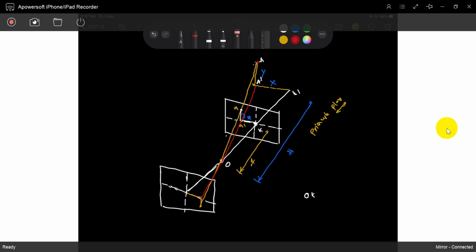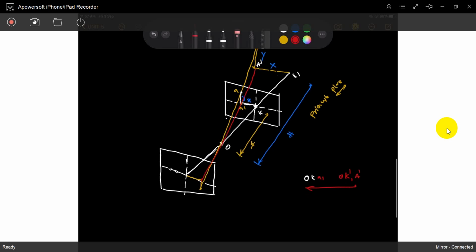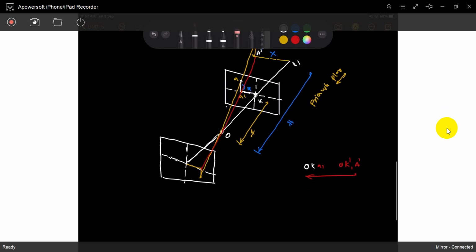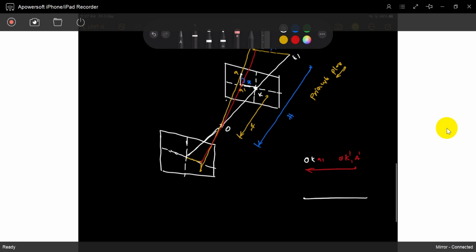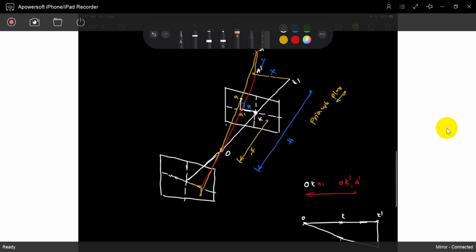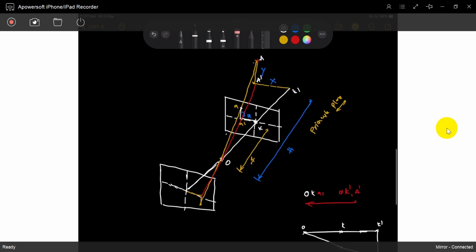Understood? So now you can see OK A1 and OK1 dash A dash are the two triangles. Those are the similar triangles. So now you can observe easily that this is O, this is K dash.